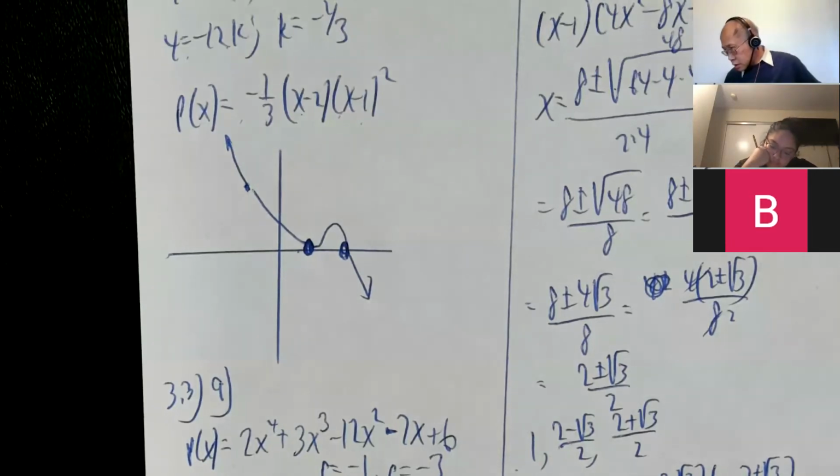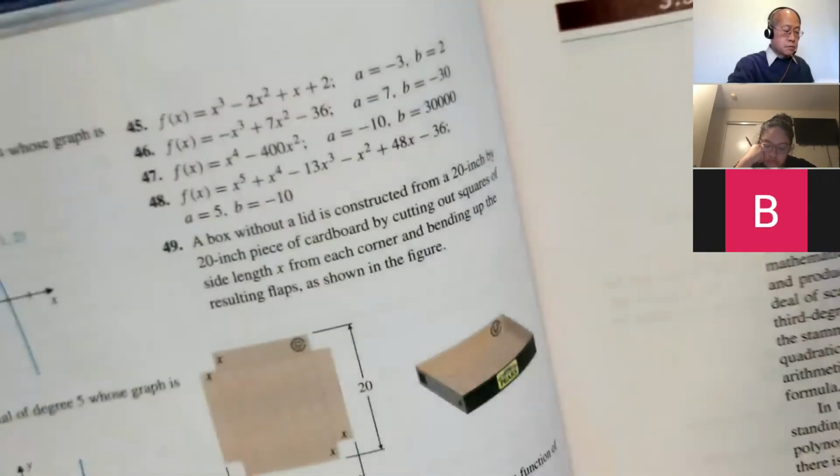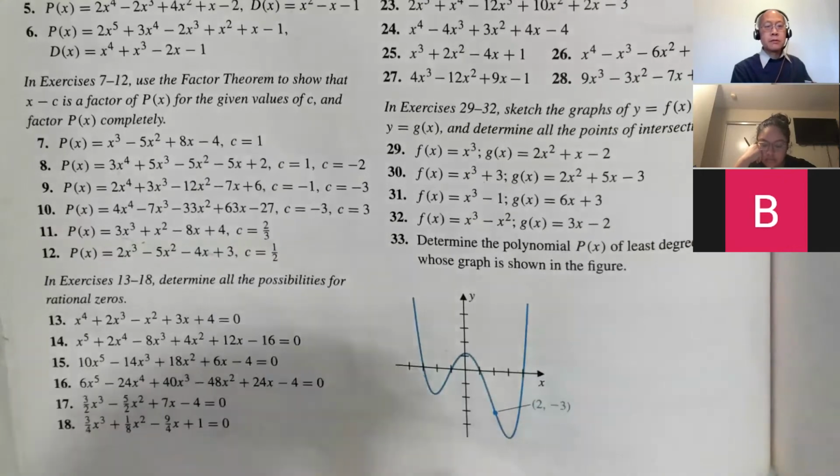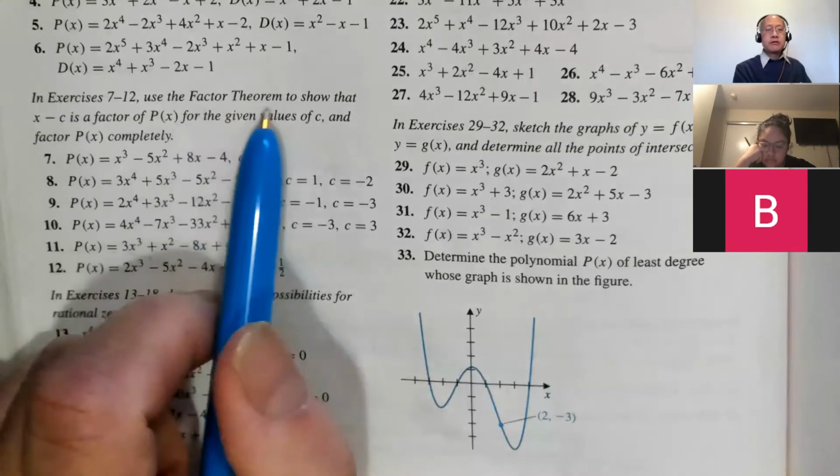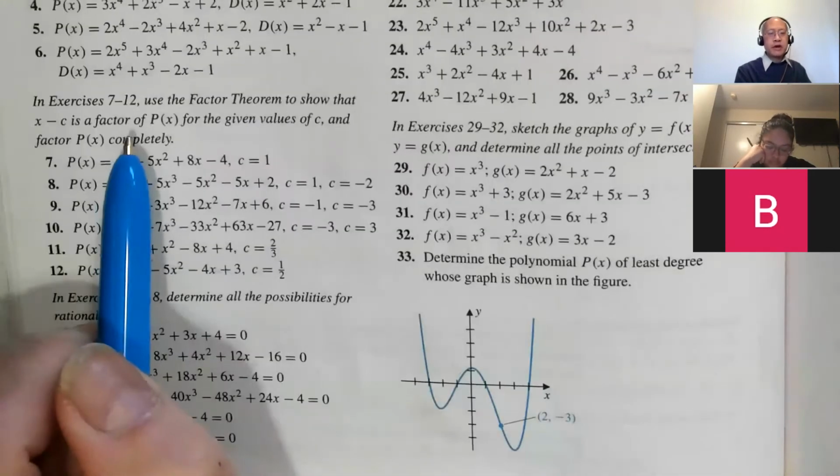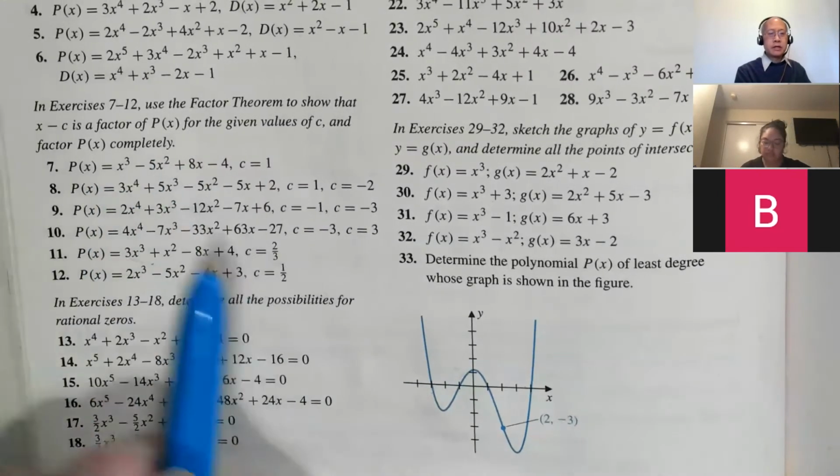All right. Let's see what I've got here. Okay, go back to 3.3, number 9. Use the factor theorem to show that x minus c is a factor of p of x, and factor it completely.